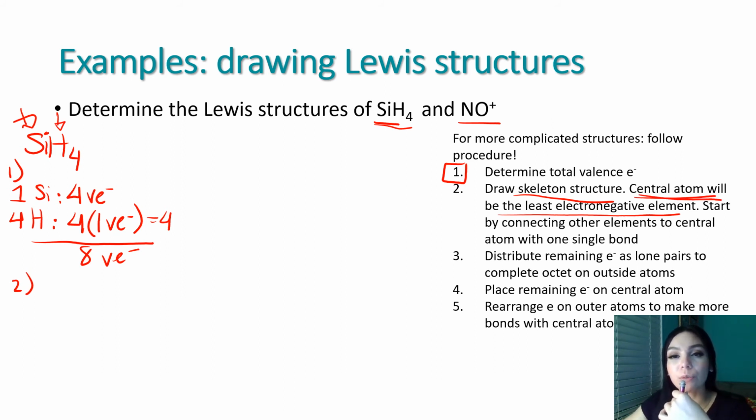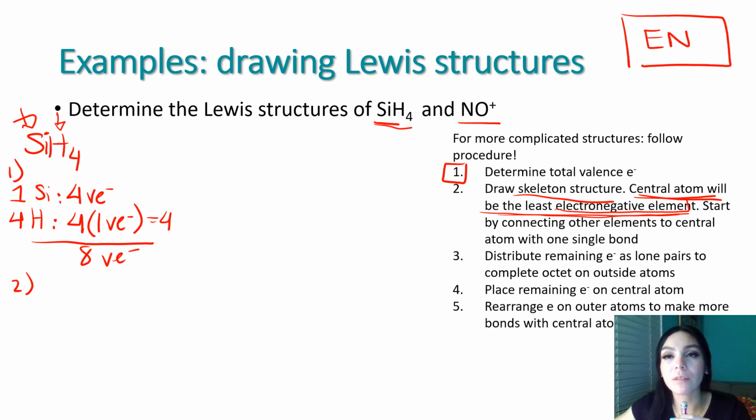The rule is to go by the least electronegative element, but usually if you see that case where you have just one singular element and then many of the other ones around it, that singular one will be the central. The one that you have multiple of will be your outer. But again, remember that trend from the periodic table, so that's what we mean by electronegativity, right? So electronegativity increases that way. So if something is over here compared to over here, this one is less electronegative, so that one will be your central. So keep that in mind.